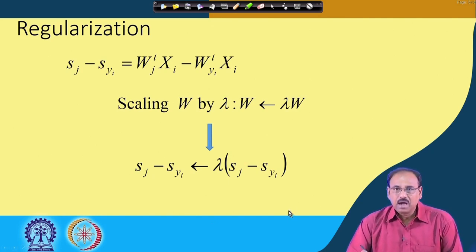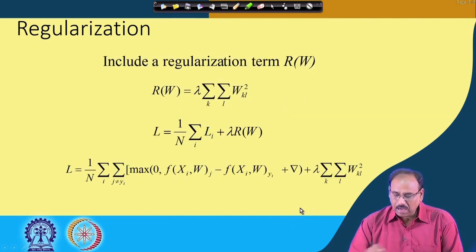So, what I need is to find out an optimum W or best value of W which will satisfy all my requirements. As a result, I have to include a regularization term which is a function of W or the weight matrix, and this regularization term is usually taken to be an L2 norm. So, our regularization term R(W) becomes the summation of W_kl square over all values of k and l.